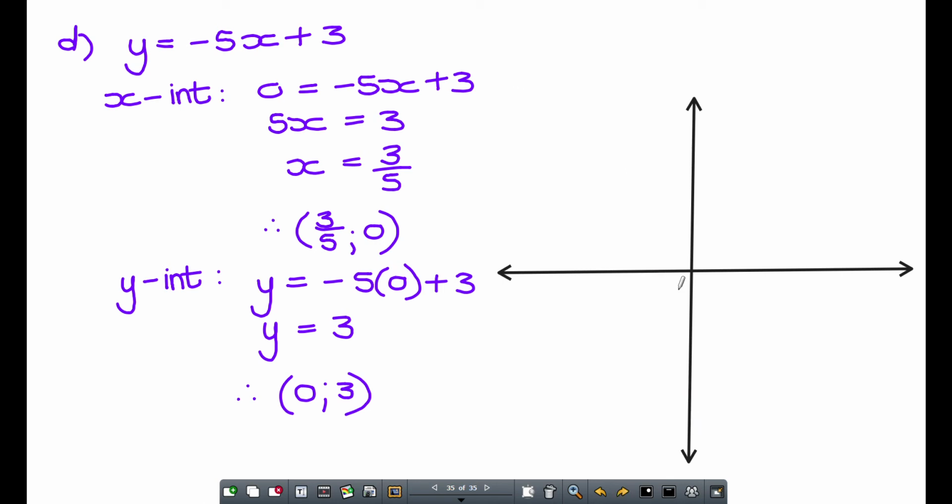X must be over here. Oh, so it's going to look like that. Like that, sorry. Okay, so x will be 3/5. And the y value will be 3. Okay. And it is still a negative gradient. Do you guys all see that? Yeah.